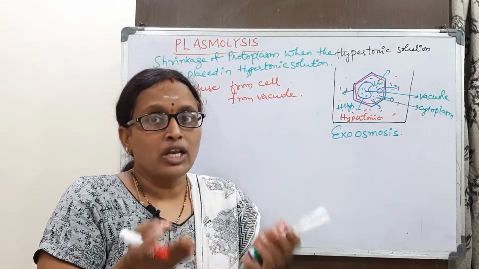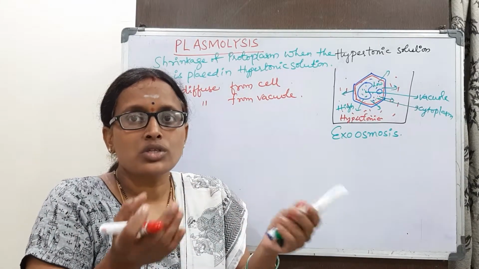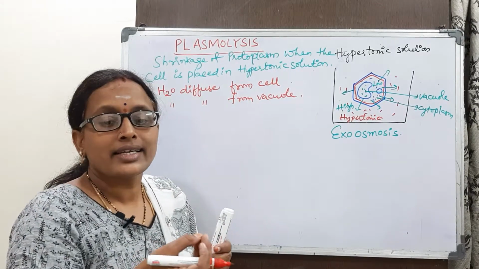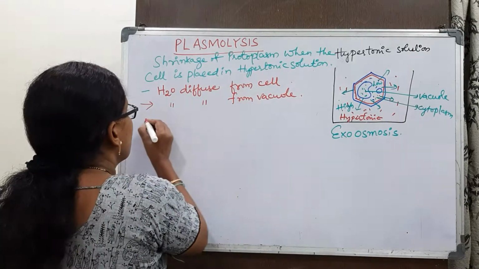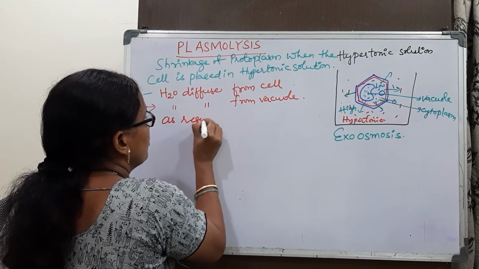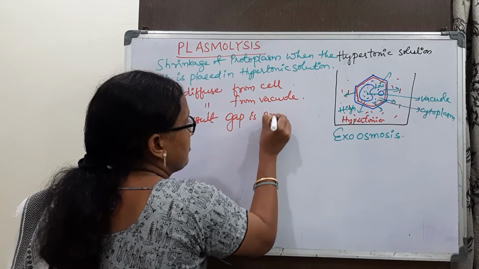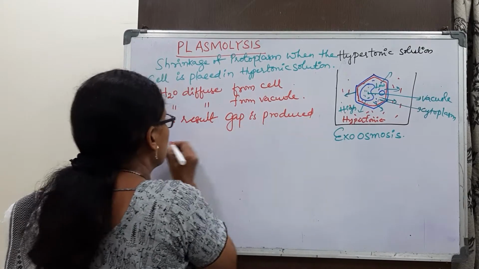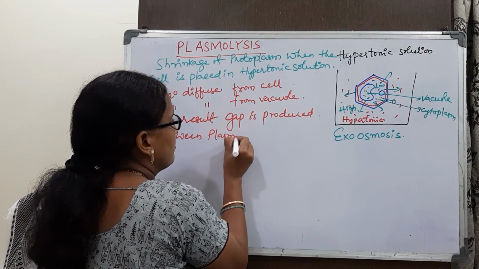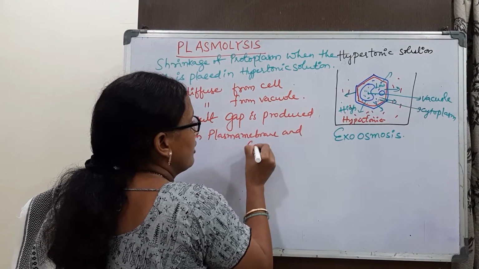If a balloon is losing air from its side, ultimately it loses its shape, like that. So when the cell is losing water, a gap is produced between the cell wall and the plasma membrane. As a result of this process, a gap is produced between the plasma membrane and the cell wall.